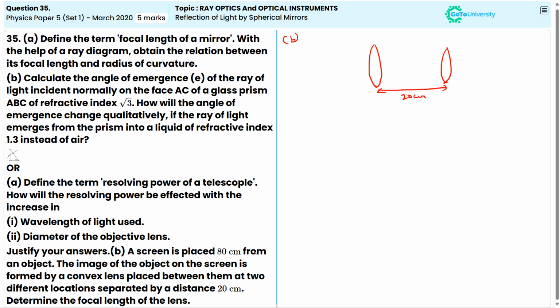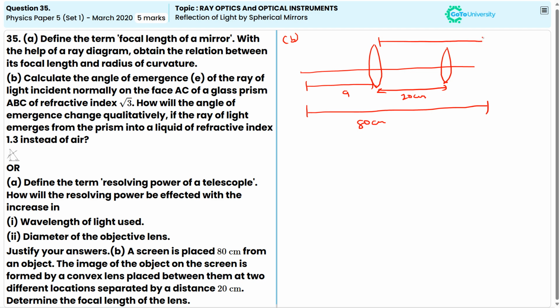The screen is placed 80 cm from the object, so we'll place the screen here somewhere. Let us take this distance as A and this distance as B. So this is 20 and this is 80.